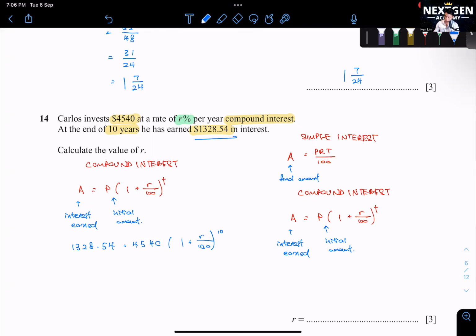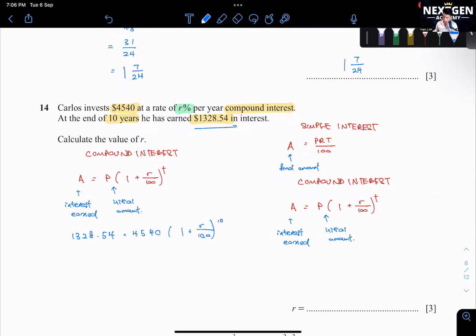So for this, just solve it. 1328.54 divided by 4540, you will get 0.29263. Then 1 plus R over 100 to the power of 10. Hold on, did I do something wrong? Give me a moment.